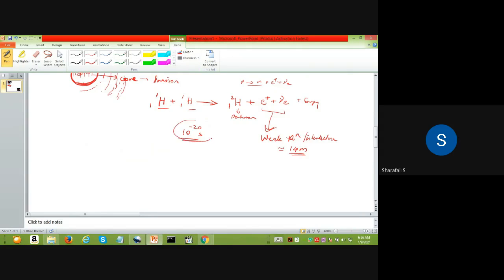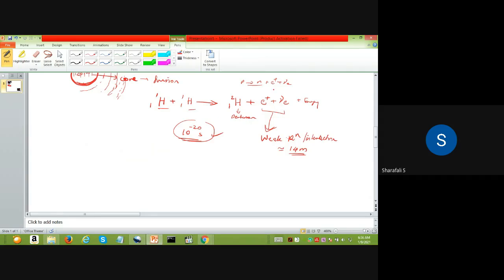So this is the approximate time frame of that fusion reaction. We are demanding that this reaction has to happen within this time frame, and then only will that fusion reaction happen.